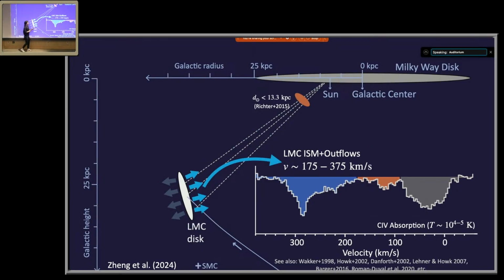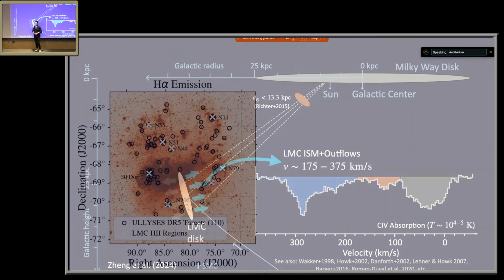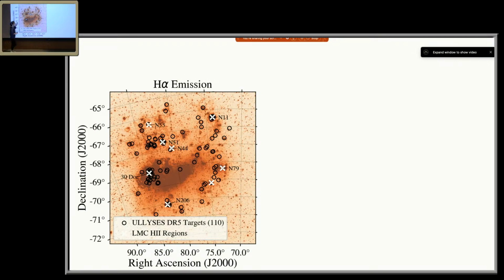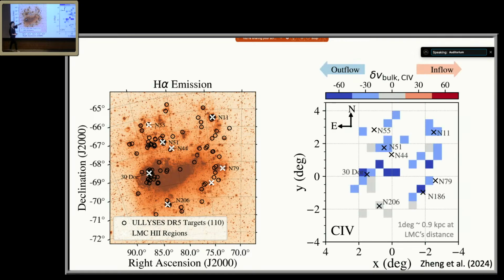So for the rest of the 10 minutes or so, I want to focus on what we learned from this blue absorption here. First of all, you saw this picture before, so this is H-alpha emission, right? Now I'm going to show you what the carbon-4 looks like. This is basically the NMC plane deprojected. So 1 degree is about 1 kiloparsec.